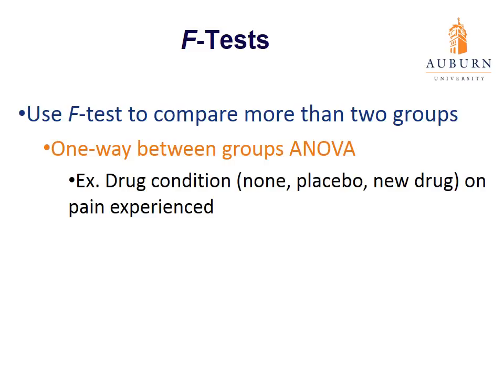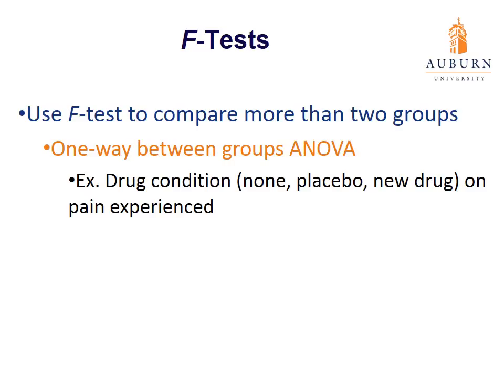In a one-way between groups ANOVA, we're going to have one independent variable. That's what the one-way tells us. And that one independent variable may have multiple levels. For example, let's say we're looking at testing a new drug on pain relief. We may test this drug with three different groups. Our independent variable is the drug condition or the drug type.